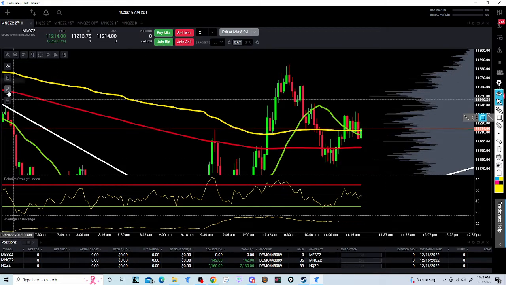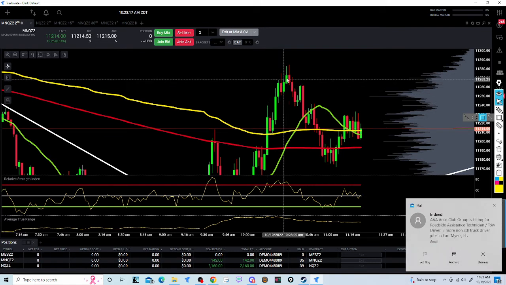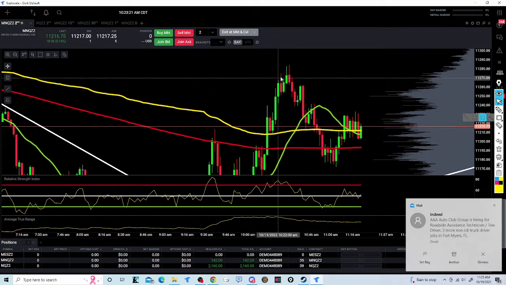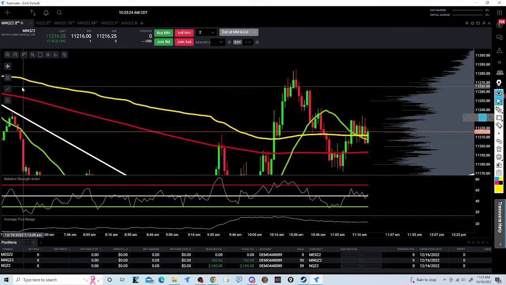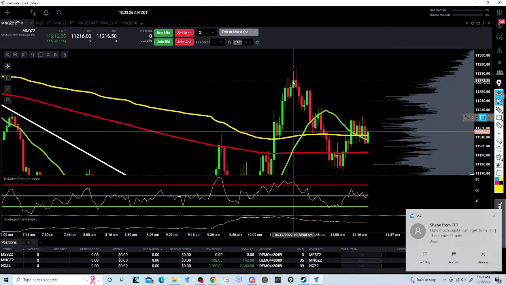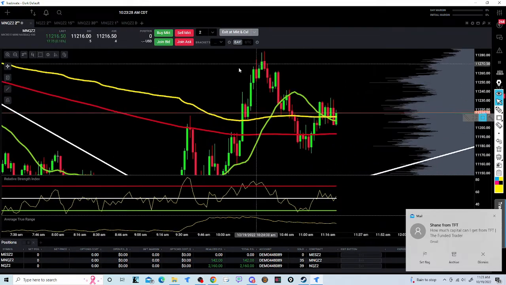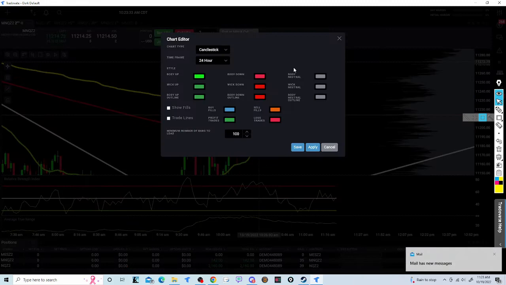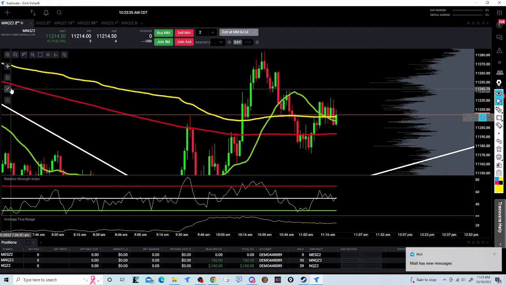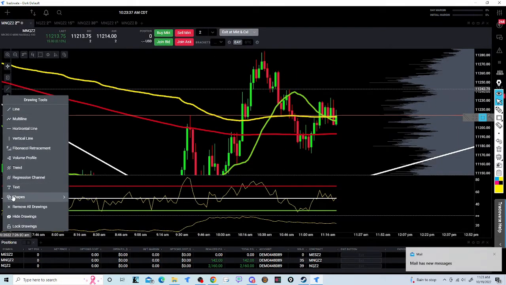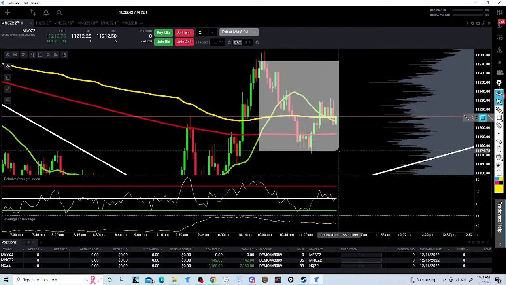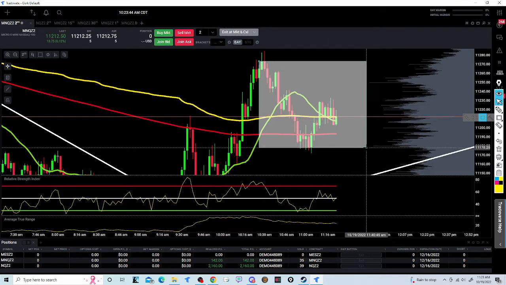You want to take this rectangle and go from the close of the candle to the close of the candles on the bottom.